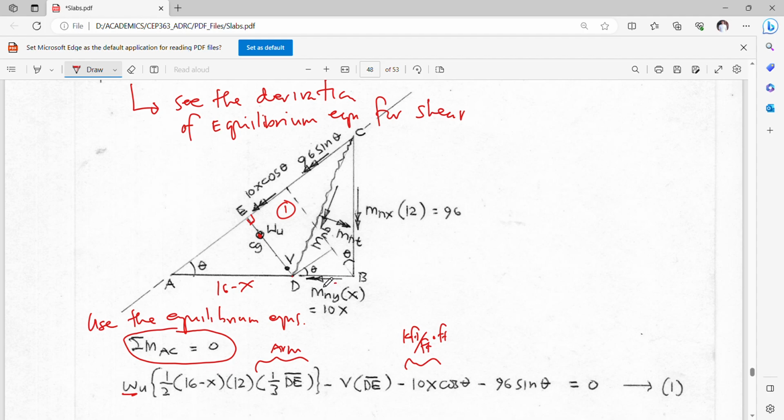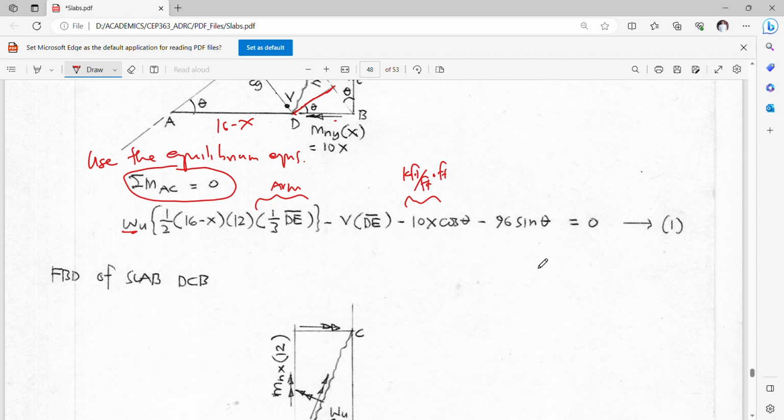We are taking the moments in this direction. Remember, the double arrow means you put your thumb directed on this, and the curl of your fingers will dictate the direction. So this is cosine theta, since this angle theta is assumed. This angle here and this angle here are the same, so this is just a component parallel to this one. So this is 10x cosine theta minus this other one, 96 sine theta.